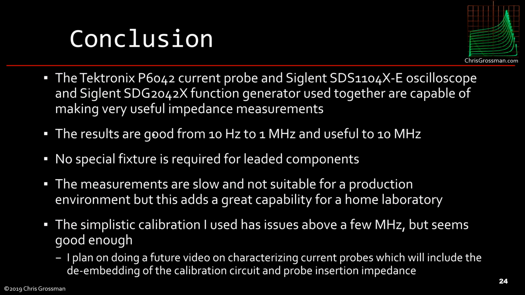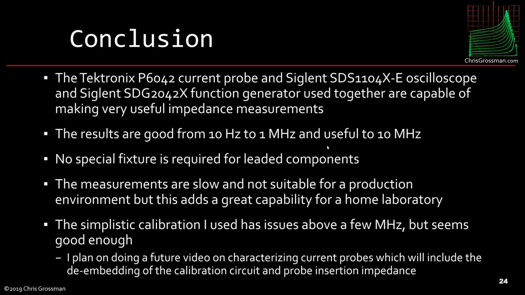So the conclusion: the Tektronix P6042 Current Probe, Siglent Oscilloscope, and function generator used together are capable of making very useful impedance measurements. The results are good from 10 hertz through 1 megahertz and useful out to 10.